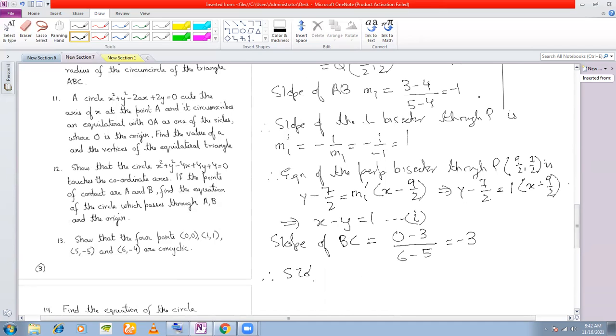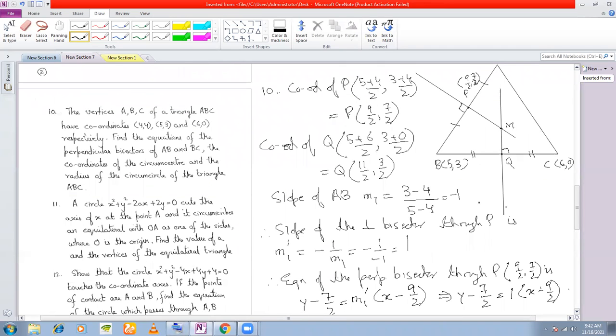Therefore, the slope of the perpendicular bisector through Q, if I call this M2, the slope M2 dashed will be minus 1 by M2, which is equal to minus 1 by minus 3, which is 1/3. So we have got the slope of the perpendicular bisector through Q also.